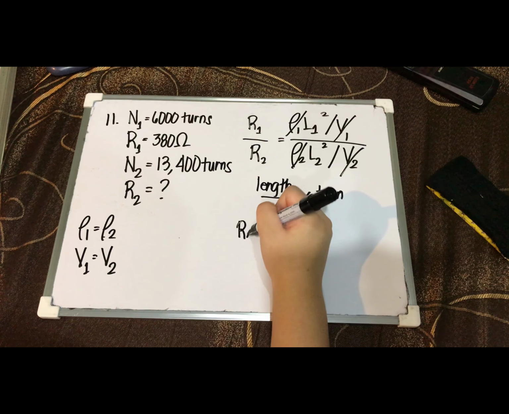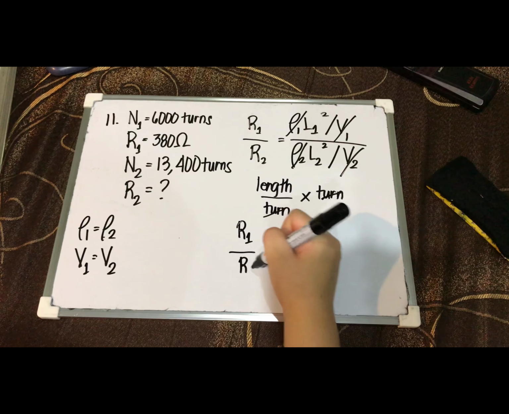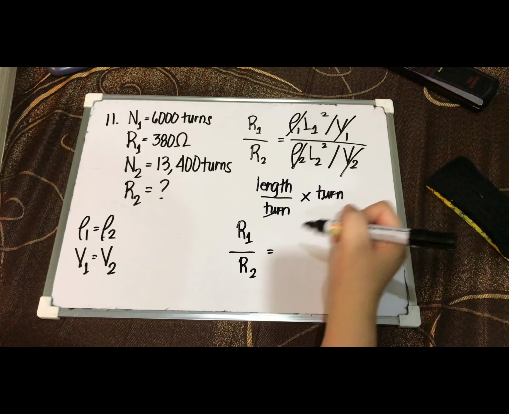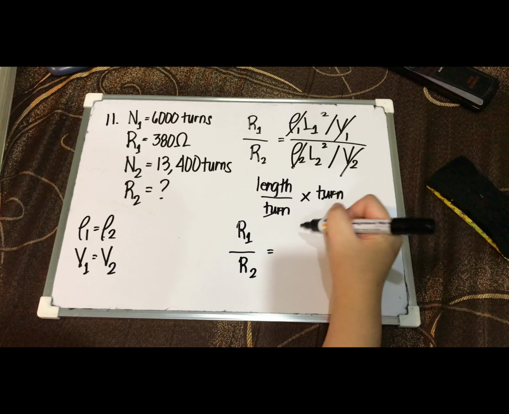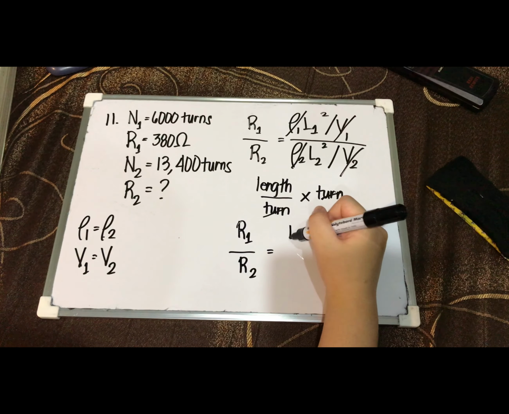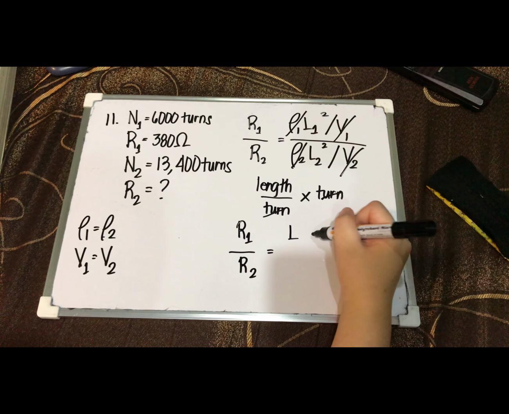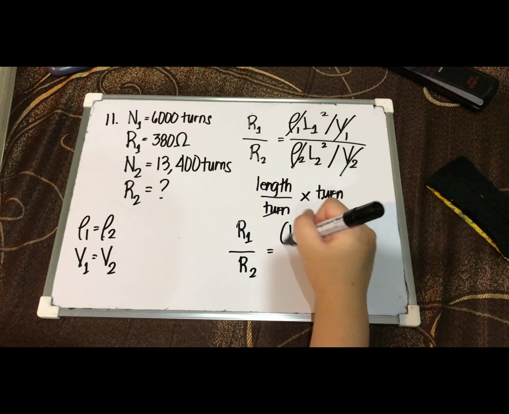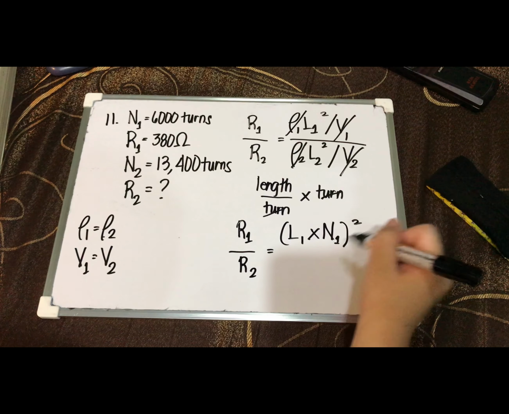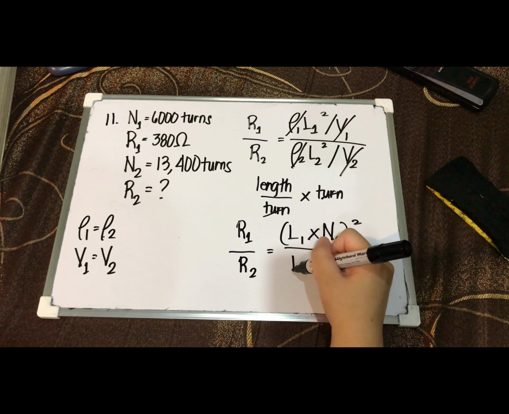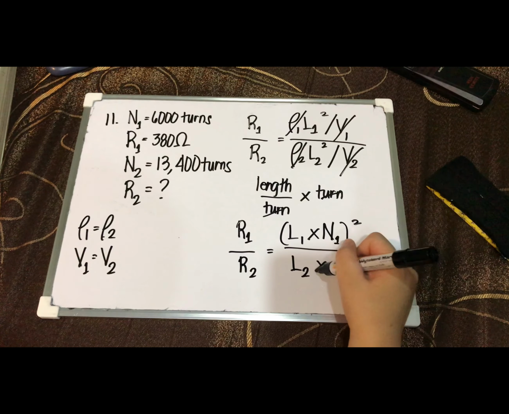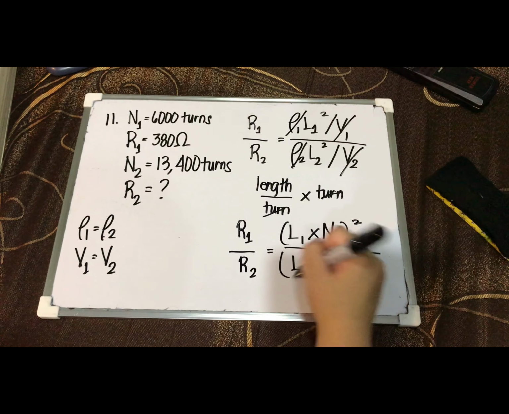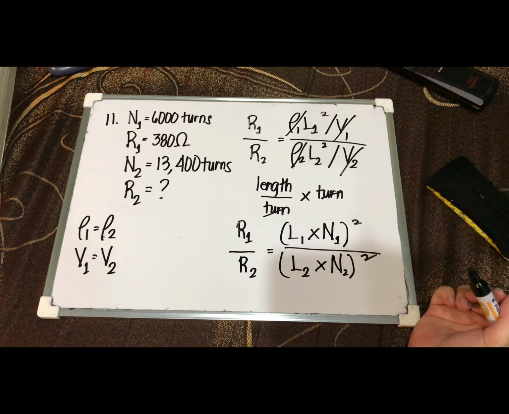So, R1 over R2 is equal to length 1 times N1 squared over length 2 times N2 squared.